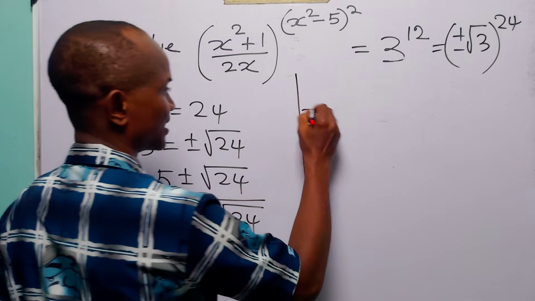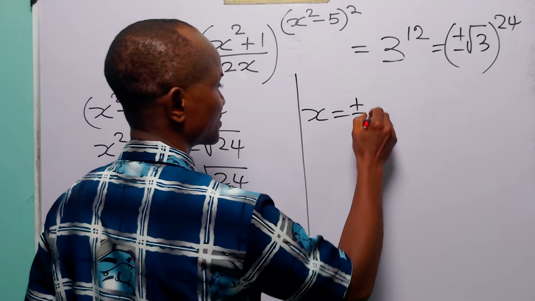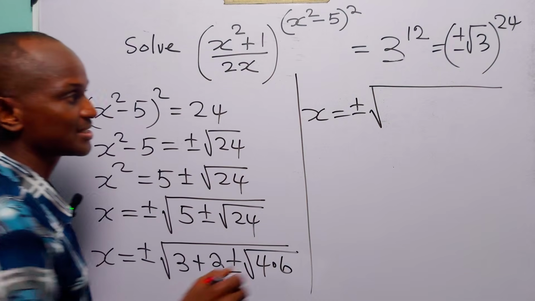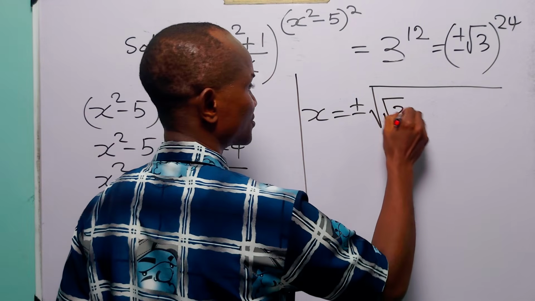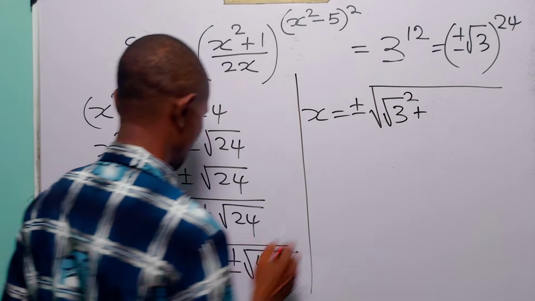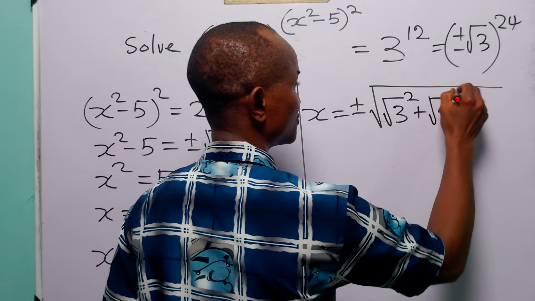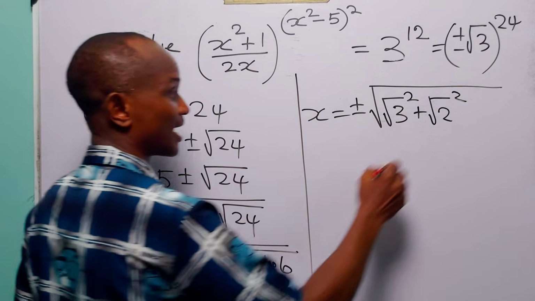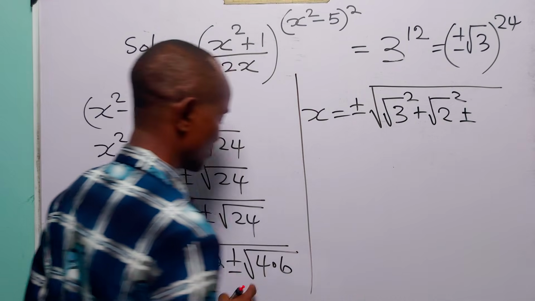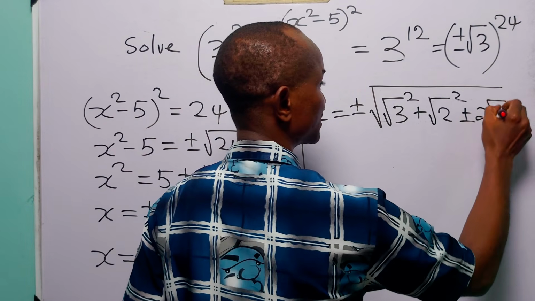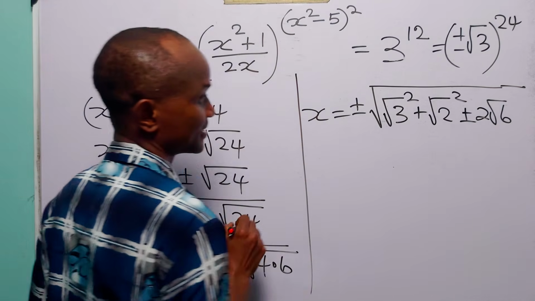Now from here we have that x is equal to plus or minus root 3 can be written as root 3 squared. The same with 2, so we have root 2 squared. Then we have plus or minus, the square root of 4 is 2, so this is 2 times root 6.